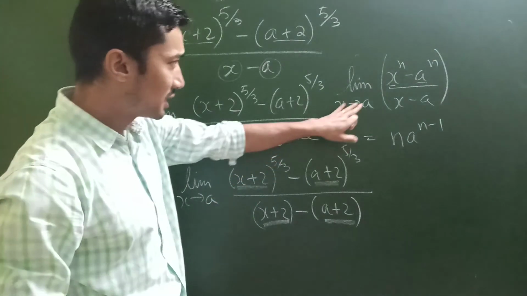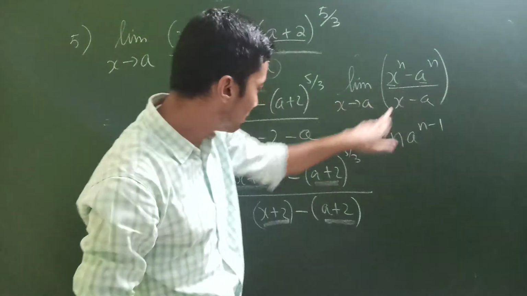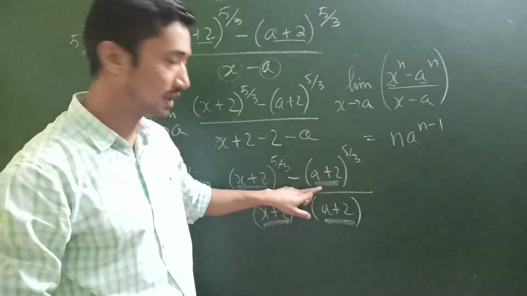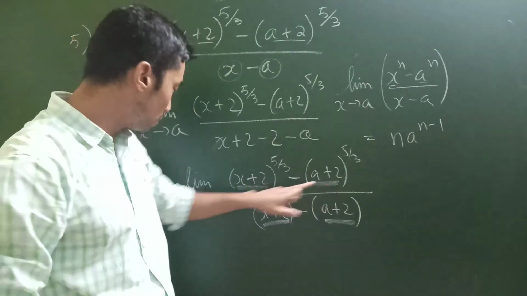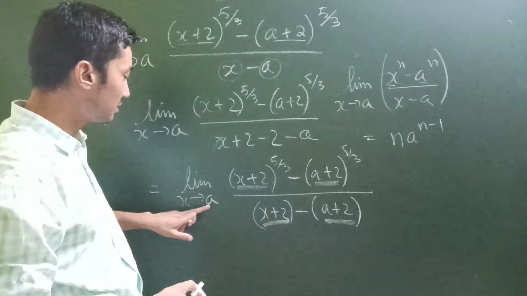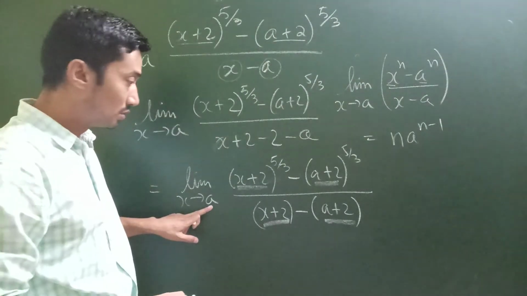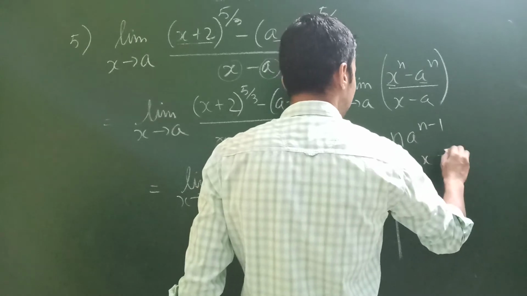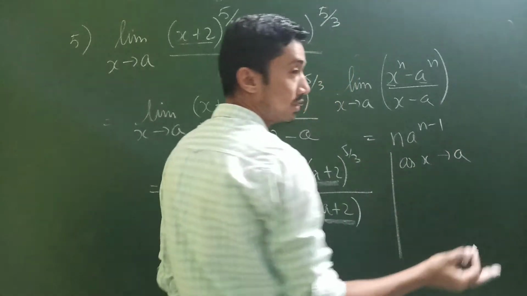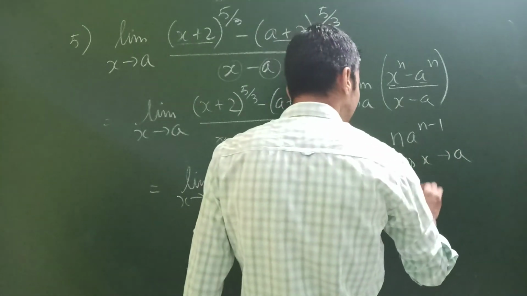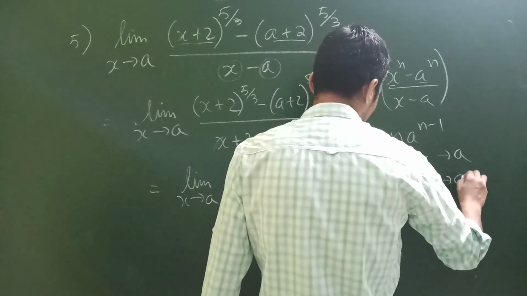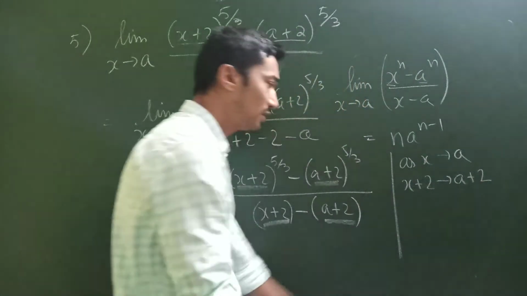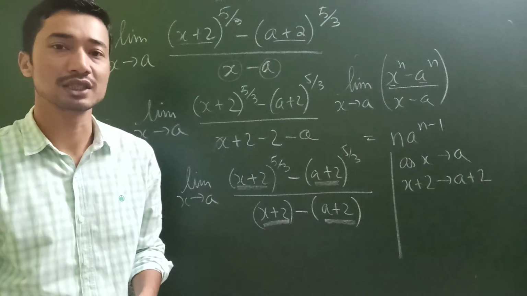So here what happens is x tends to a. What is our value of a here for this particular question? It is a plus 2. So this also should be like x tends to a plus 2. But that's quite understandable because, as x tends to a, then what will happen? Since we know the concept of limits, x plus 2 will also definitely tend towards a plus 2, because the same quantity is being added to both sides.